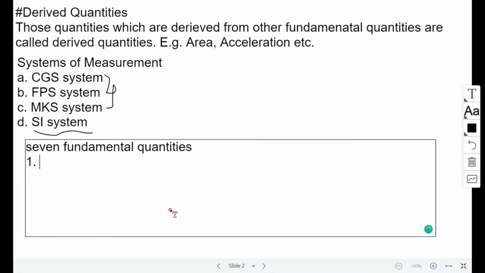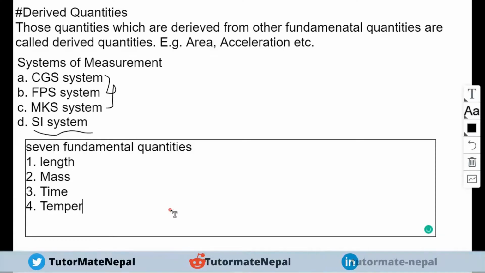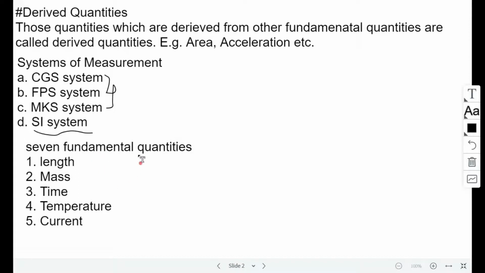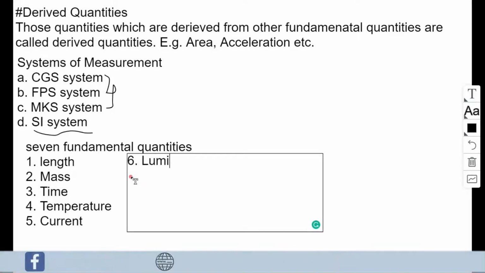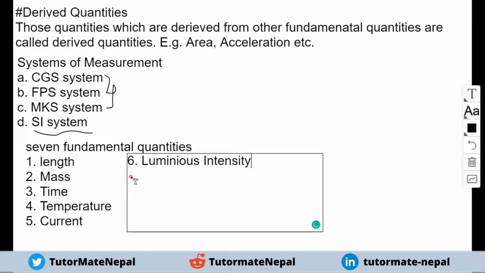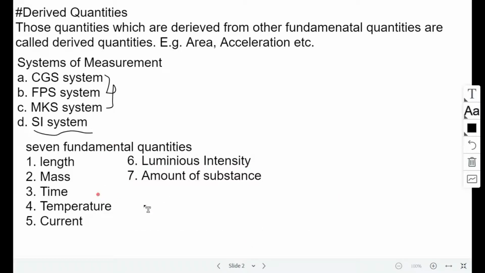First one is length, mass, time, temperature, current, and then sixth, luminous intensity, and the last one is amount of substance. So these are the seven fundamental quantities which are used in the SI system.